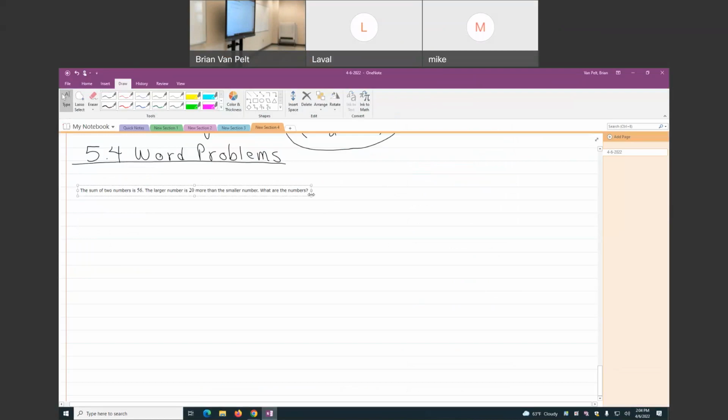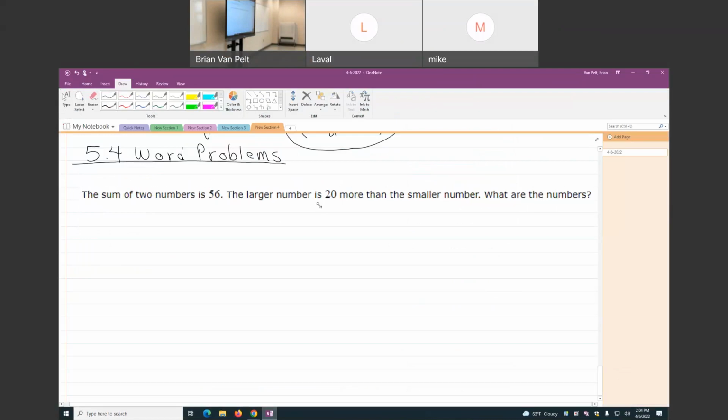Now, granted, this kind of word problem is not exactly the kind of problem you would find in a real life situation, but it's meant to warm us up anyways.